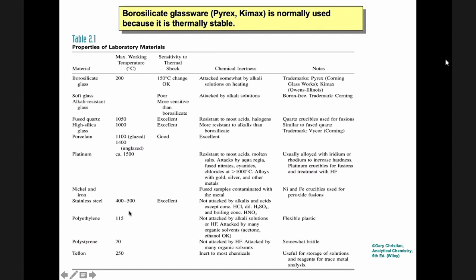So, okay, given the chemical inertness, more or less, you will now have an idea. If, example, ang imo chemical is acetone, will you place it sa polyethylene bottle? In the table, it's already stated here, attacked by many organic solvents like acetone. So just be familiar with the characteristics.